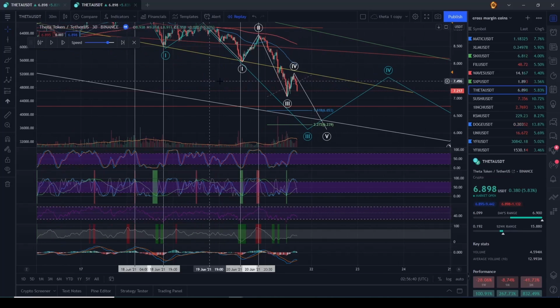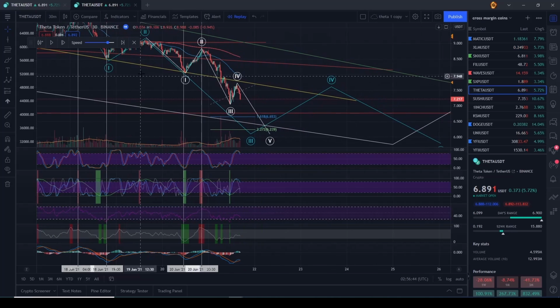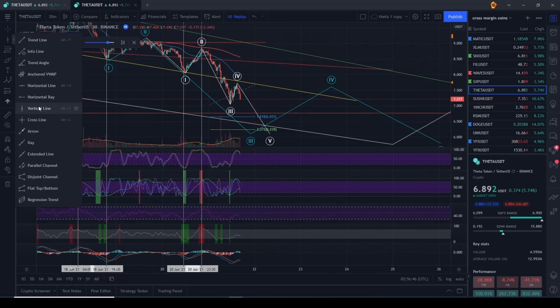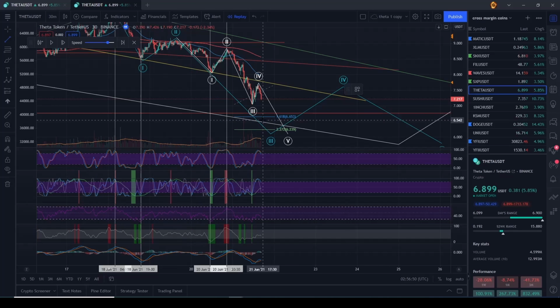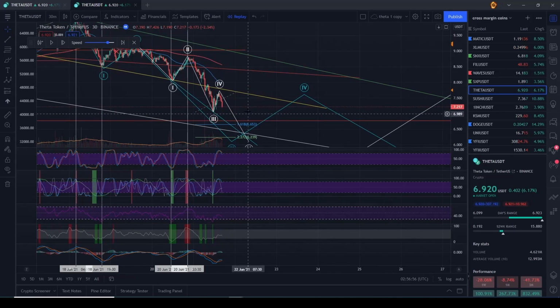So the first thing I thought about, and you can check that back in the group, is that I thought that this was doing a diagonal, and since there are confluences here, that maybe it would bounce here.